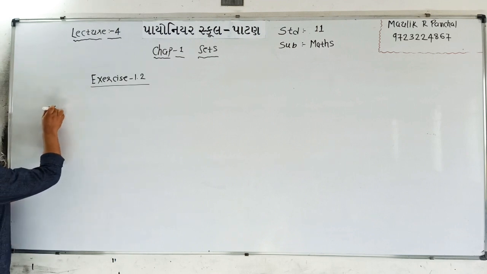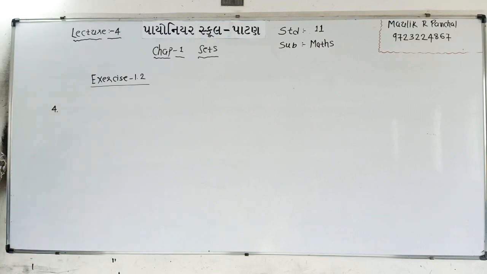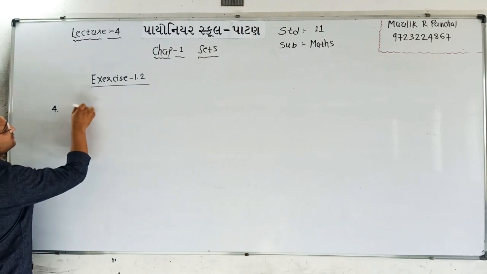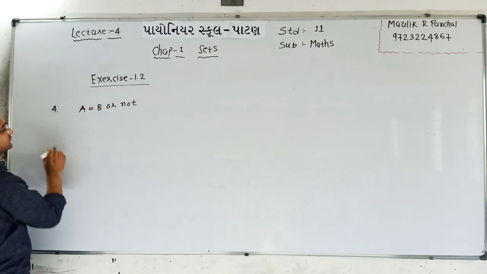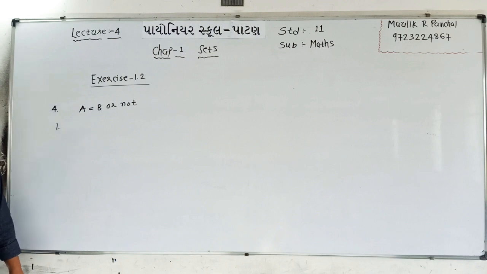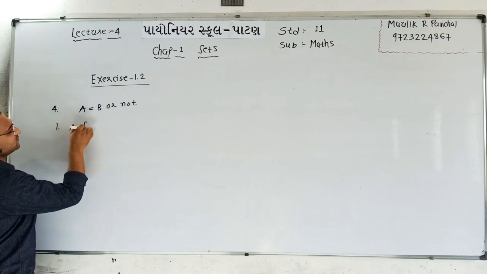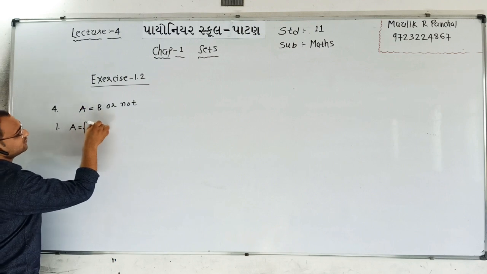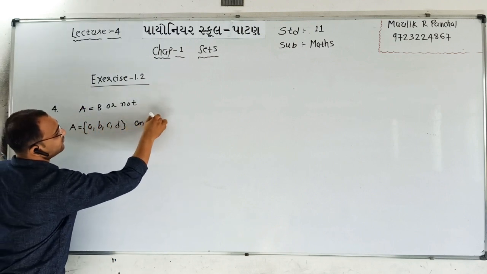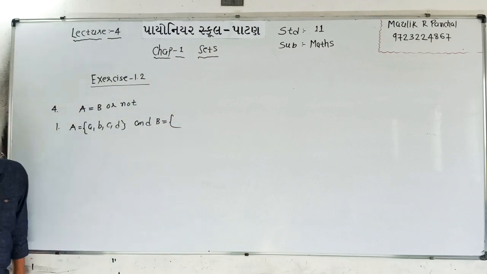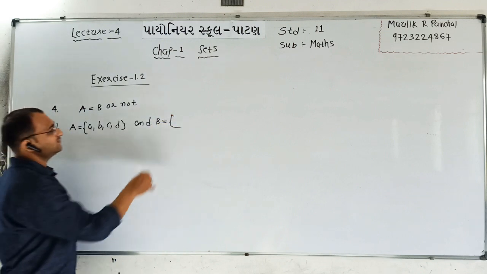Fourth question, in the following, state whether A equals B or not. First question, A equals {A, B, C, D} and B equals {D, C, B, A}.